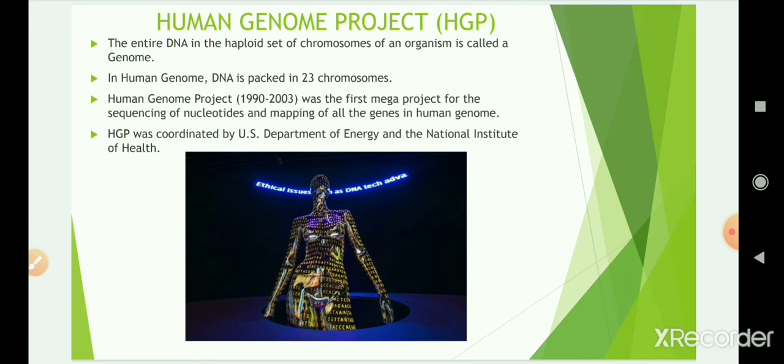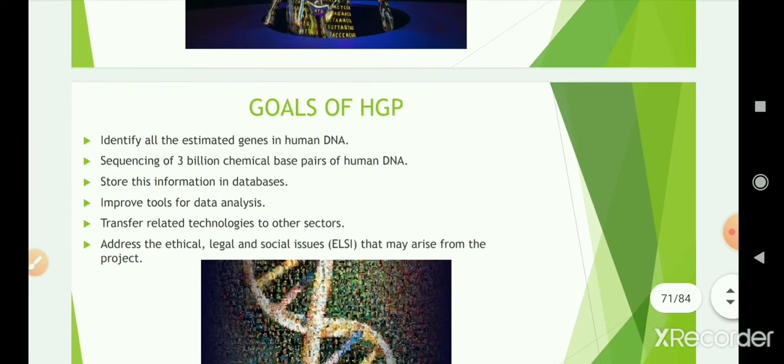The Human Genome Project was the first mega project for the sequencing of nucleotides and mapping of all the genes in the human genome. HGP was coordinated by the US Department of Energy and the National Institutes of Health.